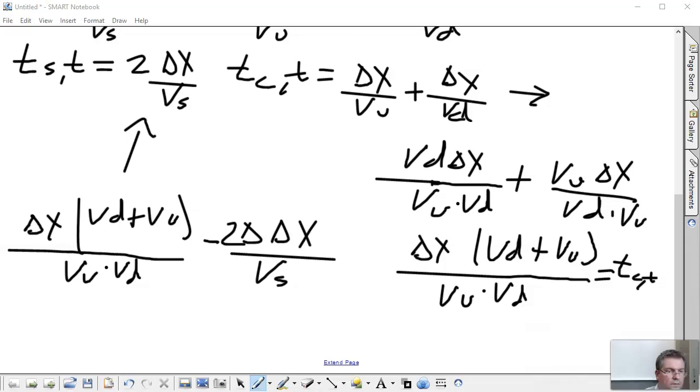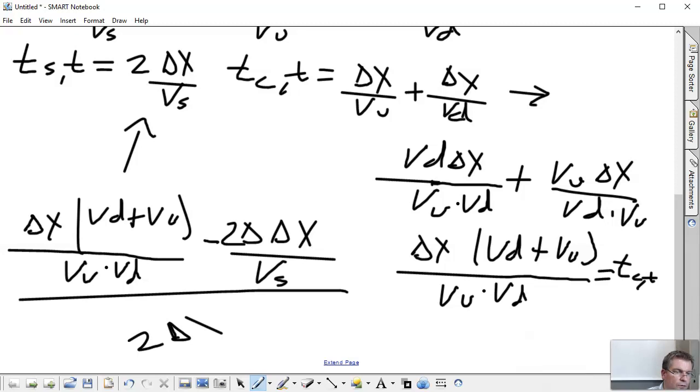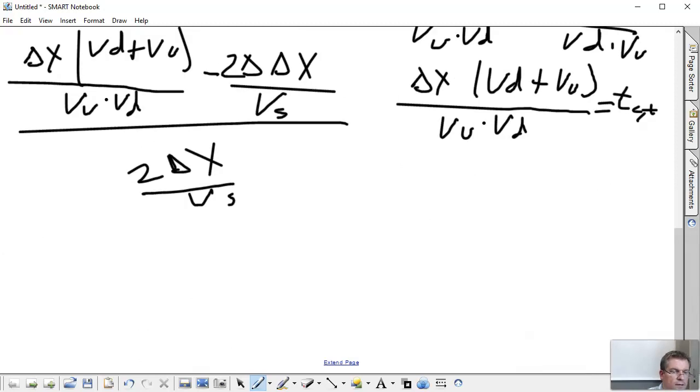I'm going to go ahead and finish up this problem. Okay, this is now over the total, which was 2 delta x over v sub s. So here's our equation of interest. We're going to get rid of delta x, delta x, delta x, and reduce this.